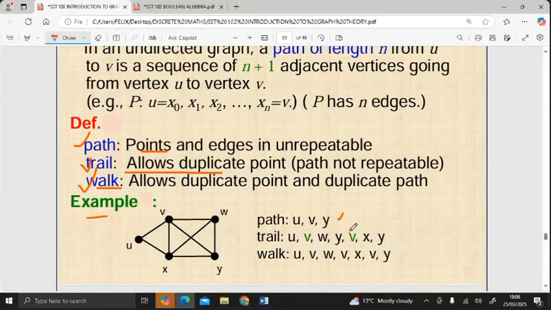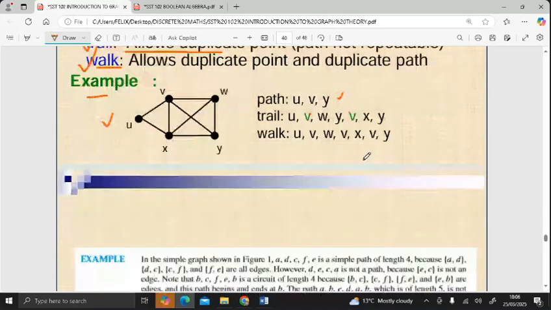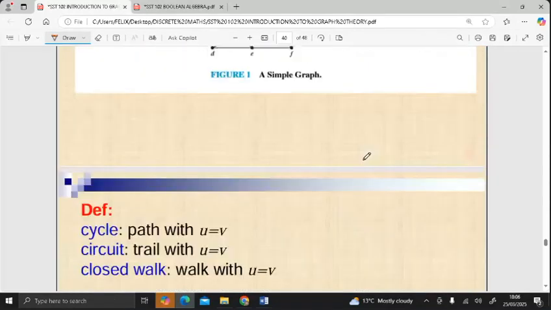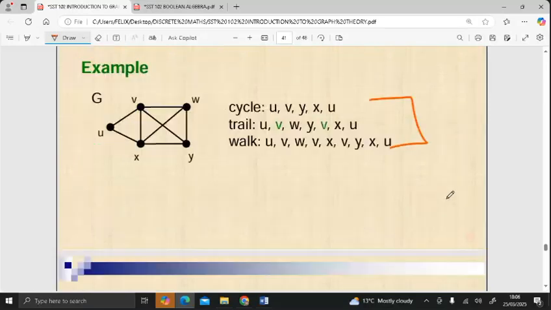And before connectivity, of course, you are supposed to know what a path is. You are supposed to get the difference between a path, a trail, and a walk. Look at this: in a path, points and edges are unrepeatable. When we're talking about a trail, it allows duplicate points, but edges are not repeatable. When it comes to a walk, it allows duplicate points and duplicate edges. So you must get the difference.